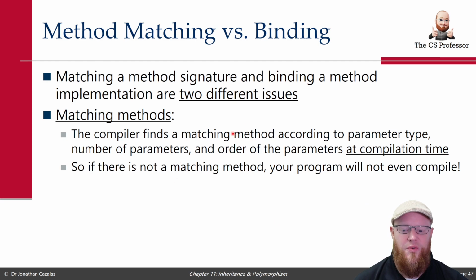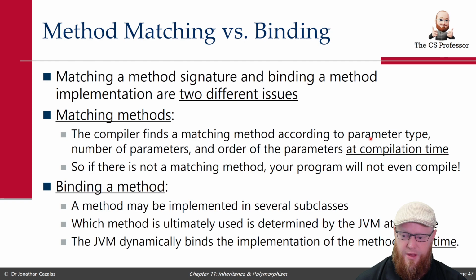The compiler will find a matching method according to parameter type, the number of parameters, and the order of these parameters, and that happens at compile time. So when you call a method, as you've seen when coding, if your program cannot find a suitable matching signature for that method call, it'll give you a compile error before you even can run your program.